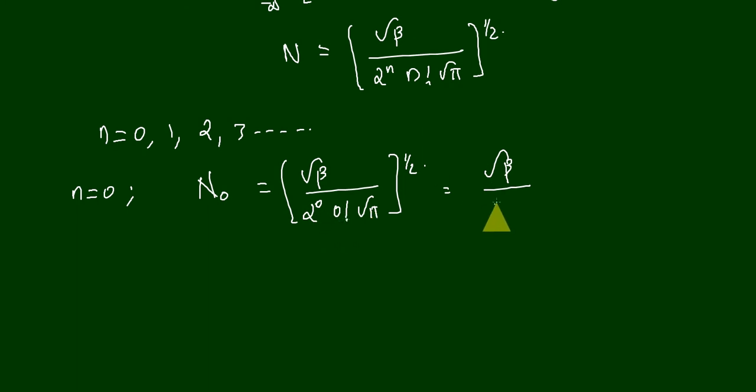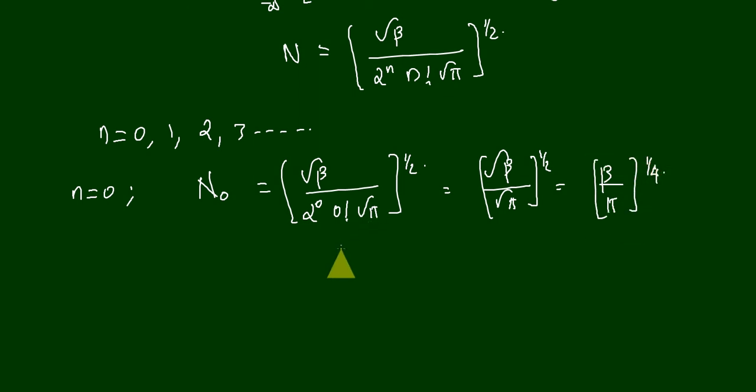So we have root beta divided by root pi, raised to half, that is root beta by root pi is beta by pi the whole raised to half, right? So beta by pi the whole raised to half raised to half, that is equal to beta by pi raised to 1 by 4.